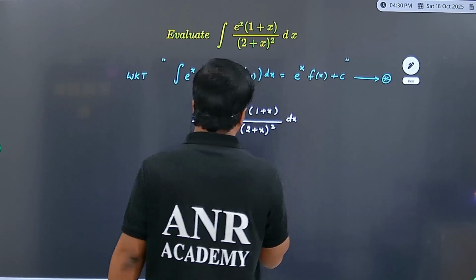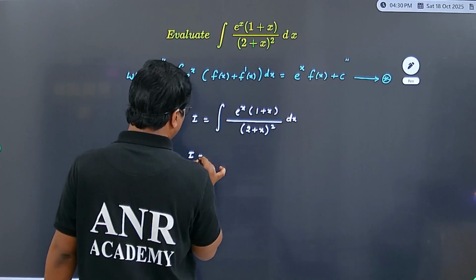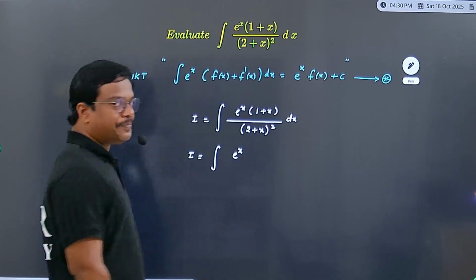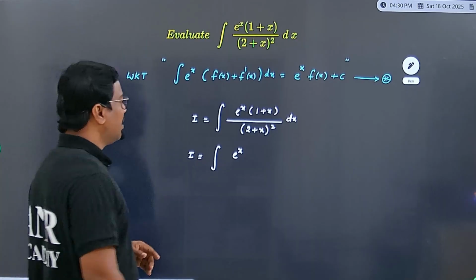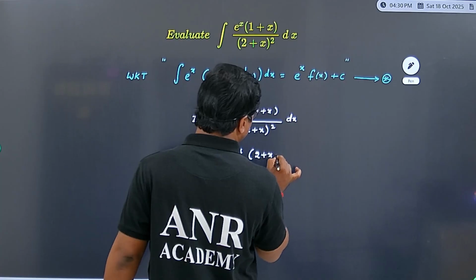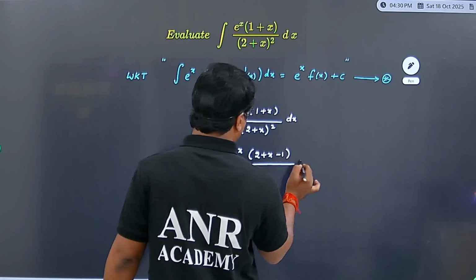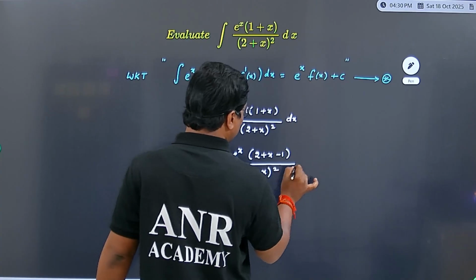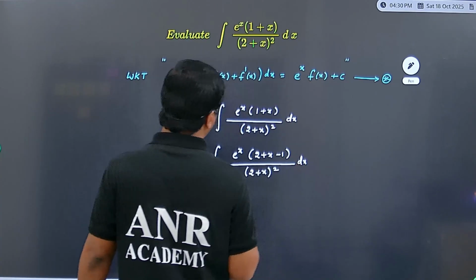Now the value of I equal to integral e power x into, here 1 plus x is written as 2 plus x minus 1, and in the denominator 2 plus x whole square is as it is.